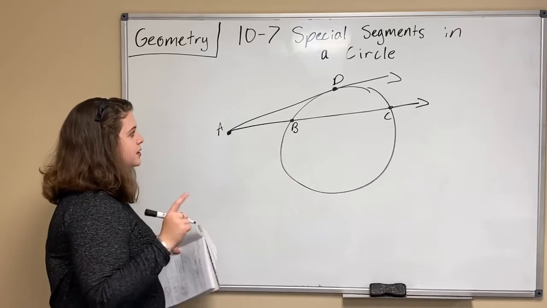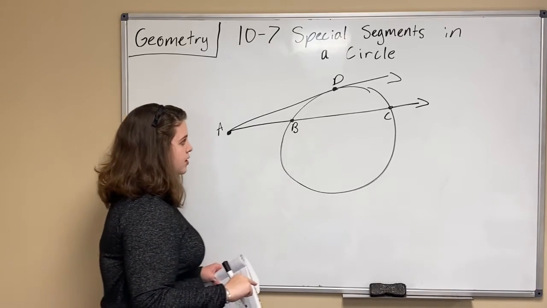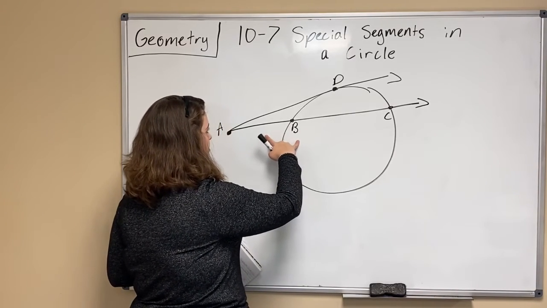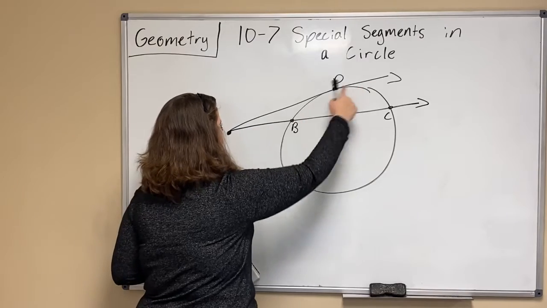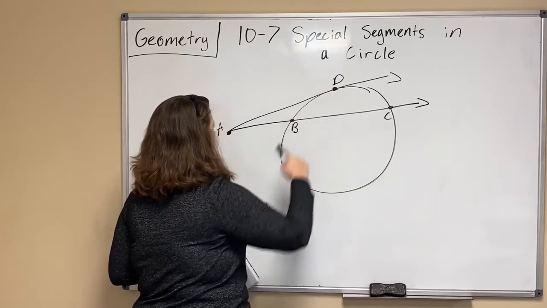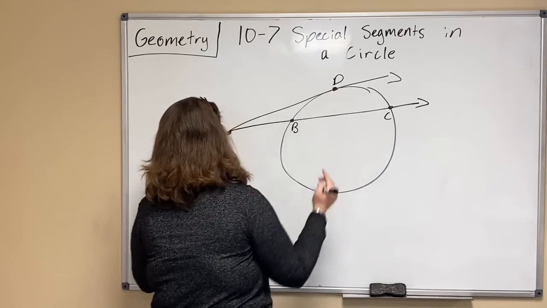When a secant and a tangent intersect outside of a circle, you'll notice we have our secant being split into two, but our tangent is not. Because our tangent only intersects the circle at one point, it's just one line segment that we have to work with here.